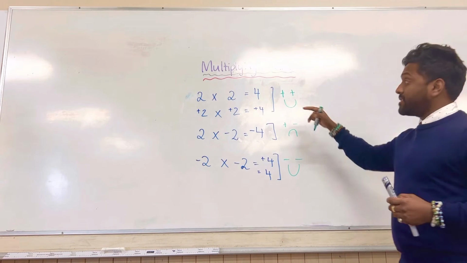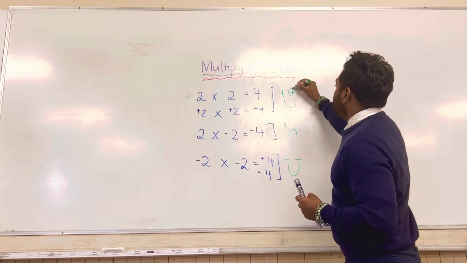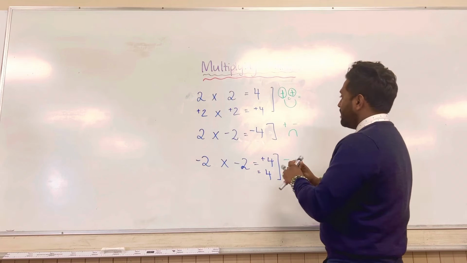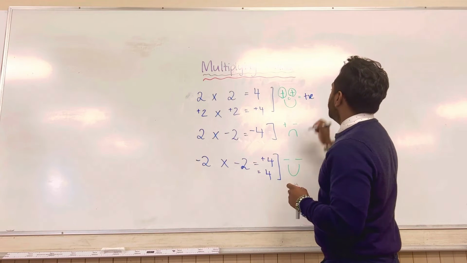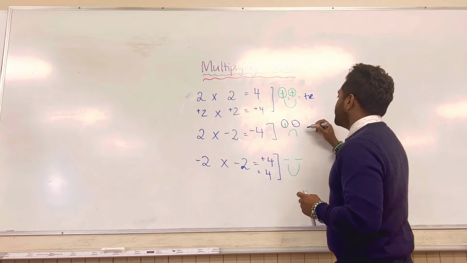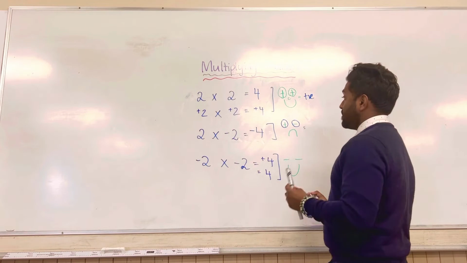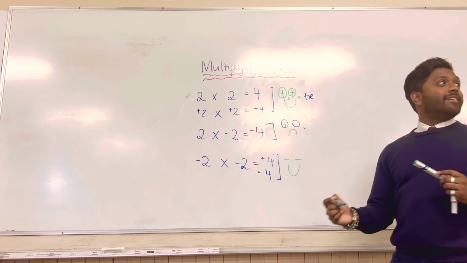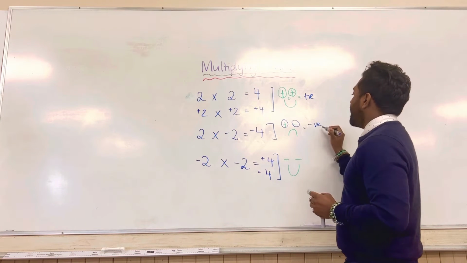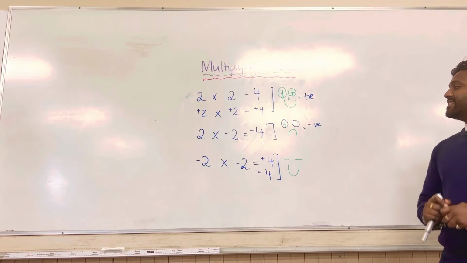How I remember that: if someone had both eyes the same, okay, they're going to be feeling positive about it, okay? Now, if someone had a negative and a positive, so they have two different looking eyes and they're not so happy about that situation, the answer is going to be negative, okay? So they're going to be feeling negative about it, which means they're going to be feeling sad.